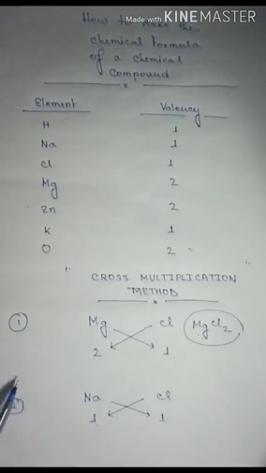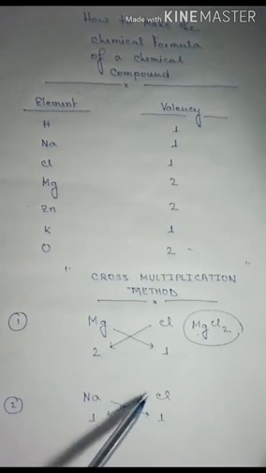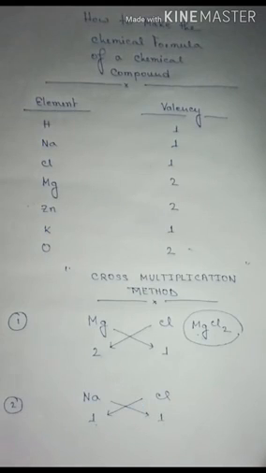Again, we have another example of sodium and chlorine. If we make sodium and chlorine react together, they will form a chemical compound. We have to find out the chemical formula of this compound. Now, we know that the valency of sodium is 1 and the valency of chlorine is also 1.